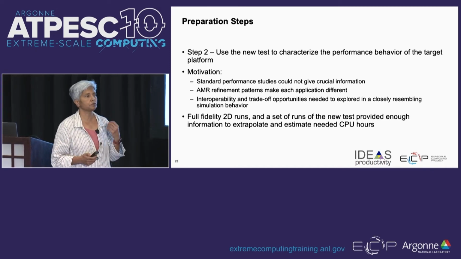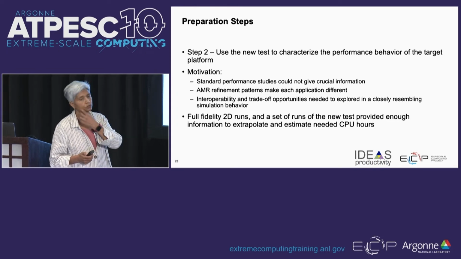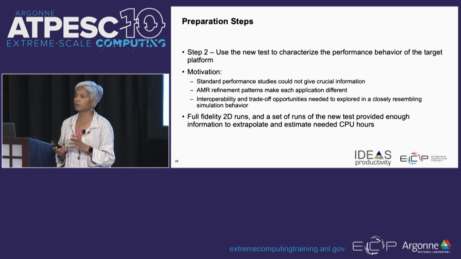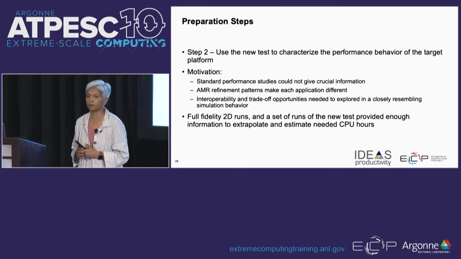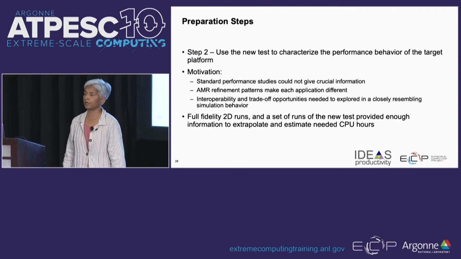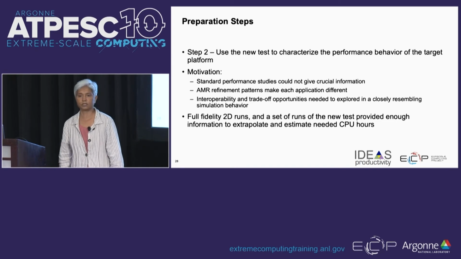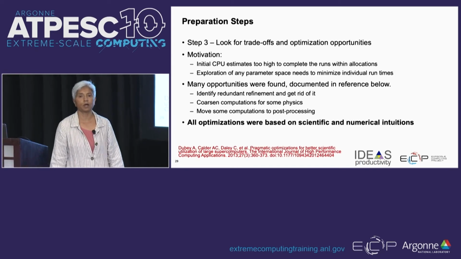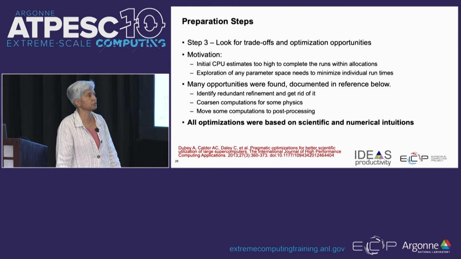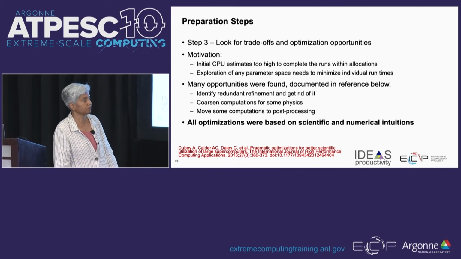So, what we did was a bunch of full fidelity 2D runs and a set of 3D runs using the new test, which provided us with enough information to extrapolate and estimate the needed CPU hours. What we found out was that we were about an order of magnitude off in terms of the resources we were going to have to complete this run.